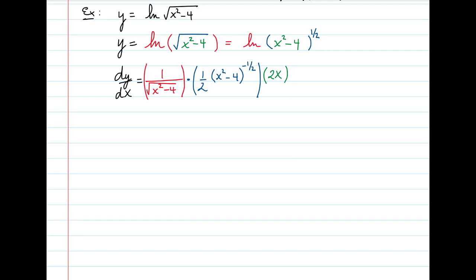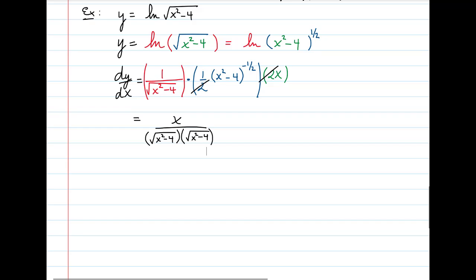All right, so finally we have the derivative of y with respect to x, and what's left for us to do is simplify. Notice how this 2 goes away with that 2, and I can bring this to the bottom. So I have an x on the top, and I have the square root of x squared minus 4 times the square root of x squared minus 4.